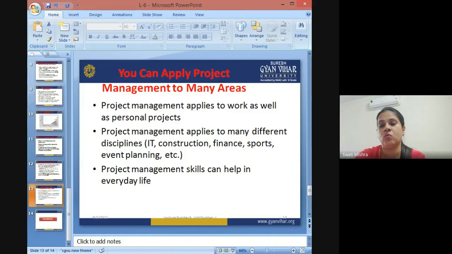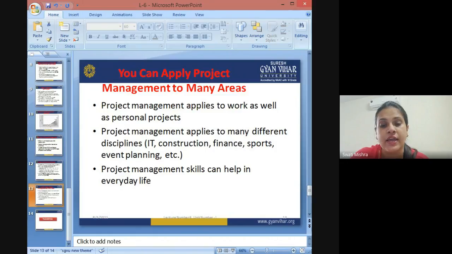So one has to understand that project management applies to work as well as to personal projects, right? Which means that if someone is having a personal project, like maybe he or she is constructing a house, in that case also project management software and tools can be really helpful.